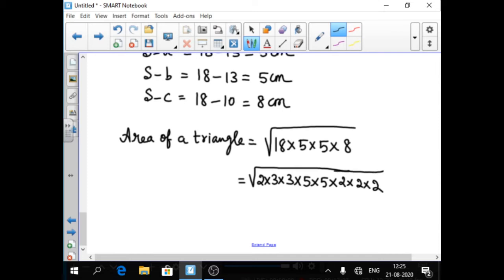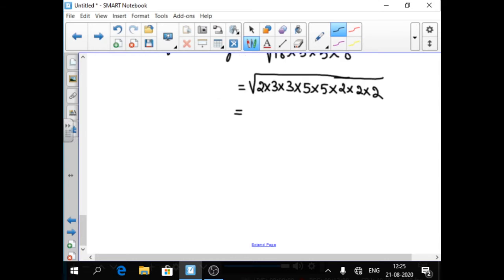Okay, so in a square root, for each two equal terms we can take out one term. Here we have two 3s, two 5s and four 2s. So when taking out, one 3 will come out, then one 5, then two 2s.